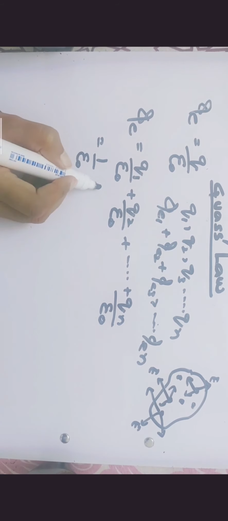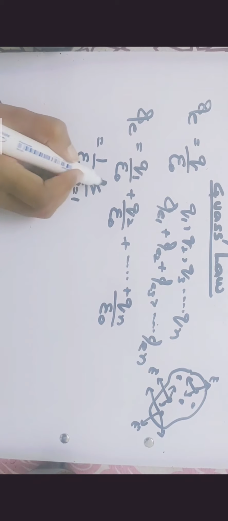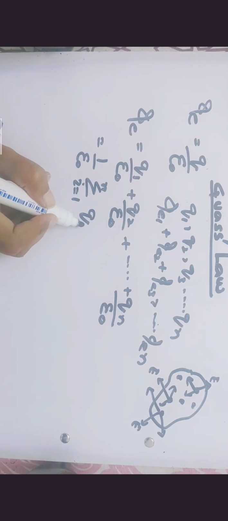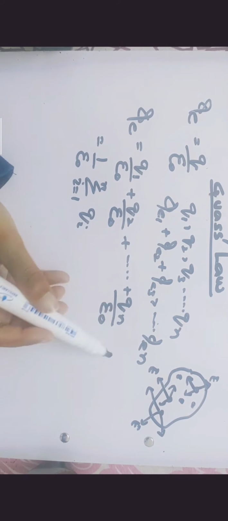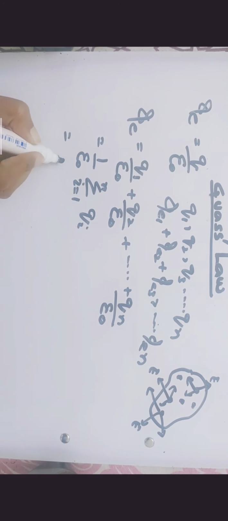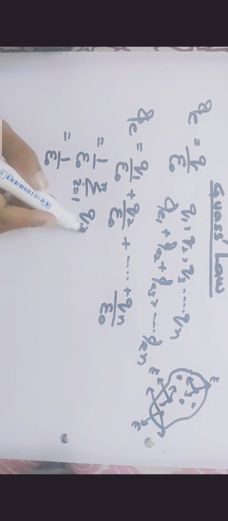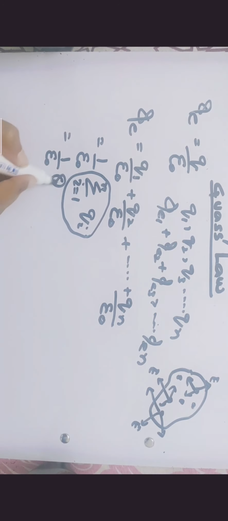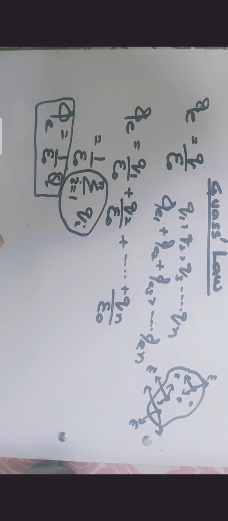Now we see that 1 over epsilon naught can be taken as common, and we apply summation over q, with lower limit 1 up to the upper limit n. Why does this i come? It's just a general subscript we have given. So phi equals 1 over epsilon naught into the sum of q, which is basically Gauss's law formula, and it is again applicable on curved surfaces, for a number of charges as well, or for any asymmetric figures.